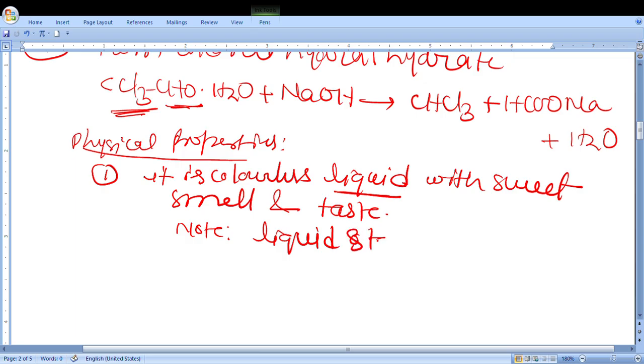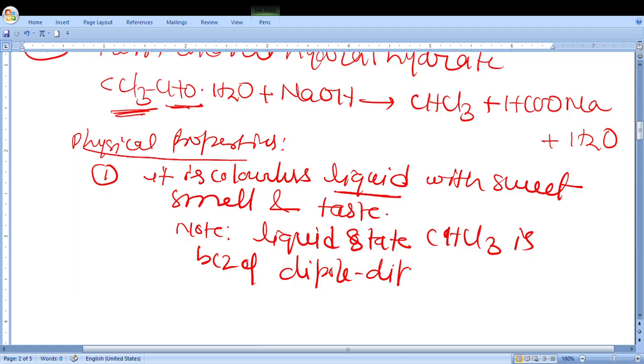of CHCl3 is because of what? Dipole-dipole interaction. There is no possibility of hydrogen bonding, because for hydrogen bonding, the molecule must have an OH bond, NH bond, or HF.